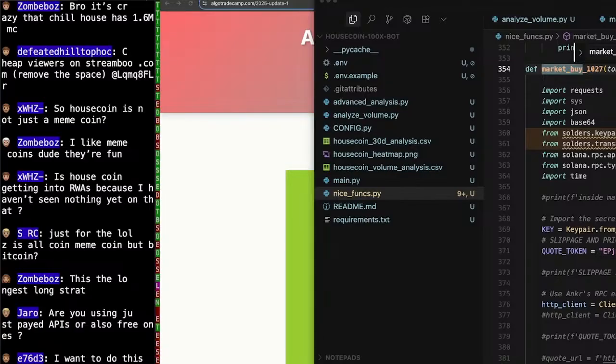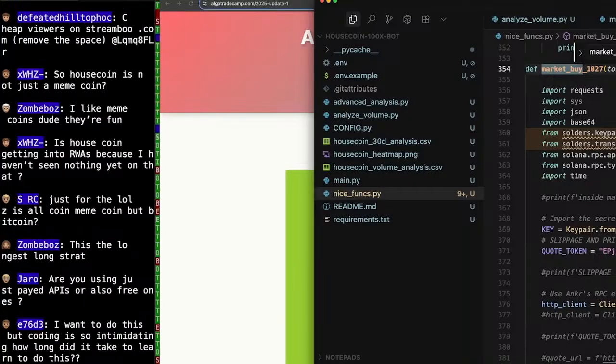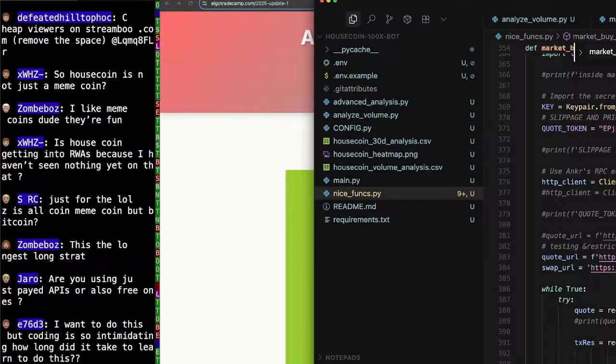You'll start understanding it way quicker than 6 months though, bro. Don't worry. Just look at the main part of the copy and then you will be able to see which market buy function and the nice funks we're using, as there looks to be a few of them. Okay, just keep doing this until the main.py actually works.